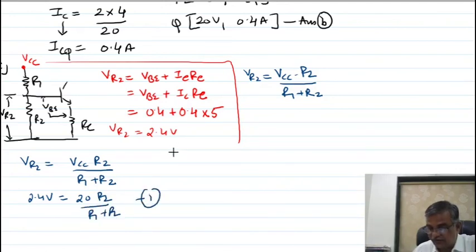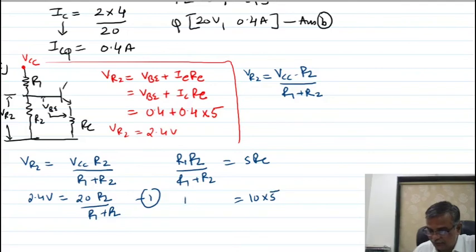Say this is equation 1. Second, you know that R1 R2 upon R1 plus R2 is given by S into RE. S they have given 10, this is 5. This is R1 R2 upon R1 plus R2, equation 2.